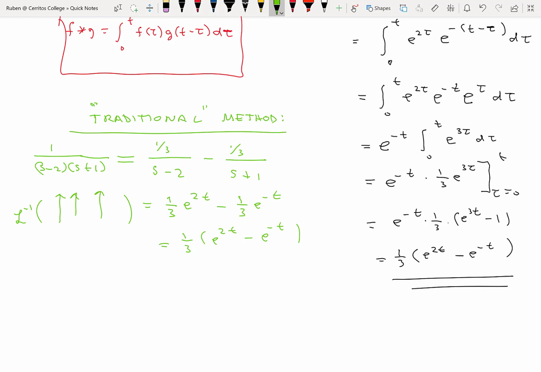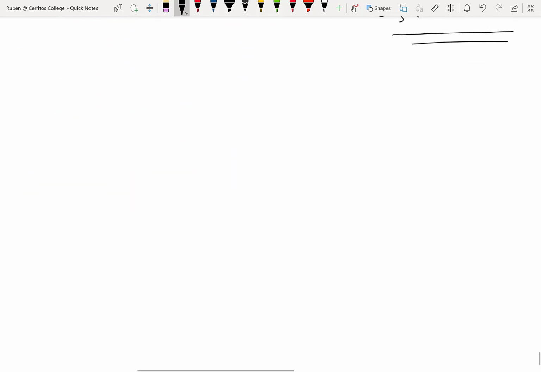Okay. Well, let's apply this convolution theory to the reason why we're here. The reason why we're here is not just to learn about Laplace transforms and convolutions and such. The reason we're here is to solve differential equations, ordinary differential equations, and boundary value and initial value problems.